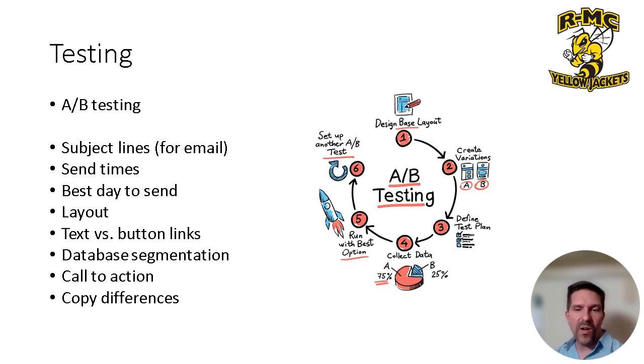Any issues that deal with selecting different people within your list can also be tested. You can do some predictive modeling and see which ones do better based on that. Different calls to action you can test. At the end of the day, anything that has to do with direct marketing can probably be tested. And if you keep testing, you will be fine-tuning your tools and hopefully you'll get the most return out of your effort. That's what I have for today.